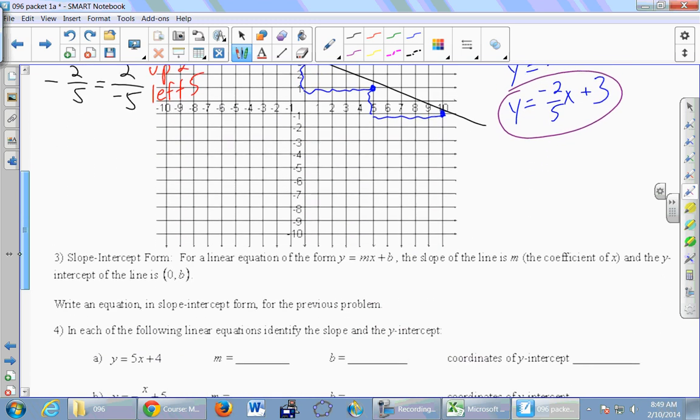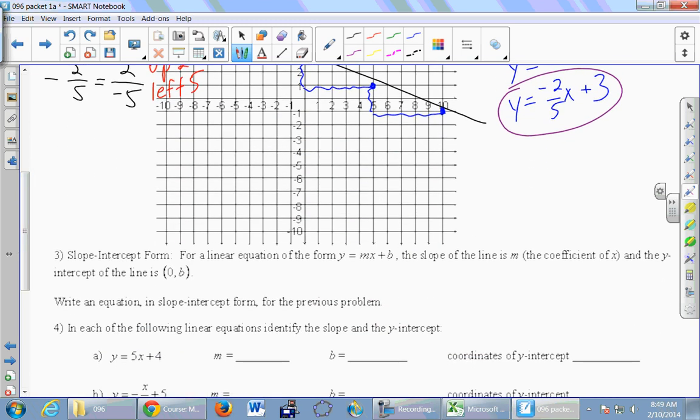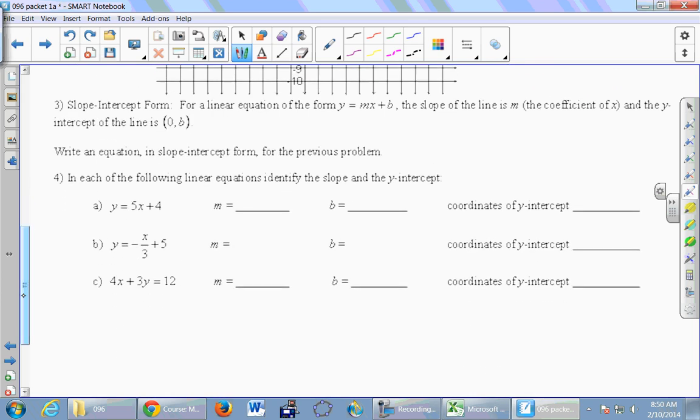Okay, so other info that we can get from the equation of a line. Number 4, in each of the following, identify the slope and the y-intercept. Okay, so the first one, y equals 5x plus 4. What number is the slope? It's 5. The slope is just the number touching the x. So we just grab it. It's as easy as that. 5.